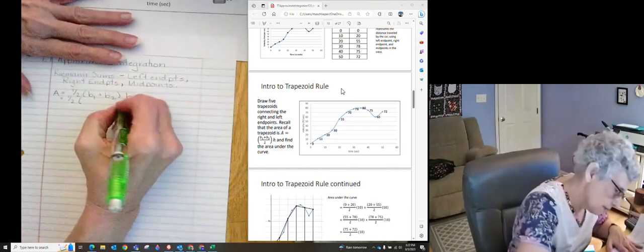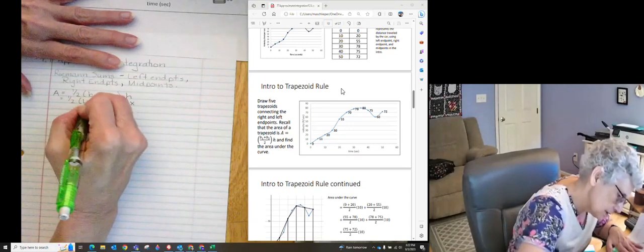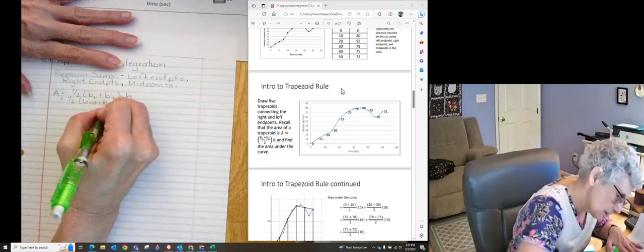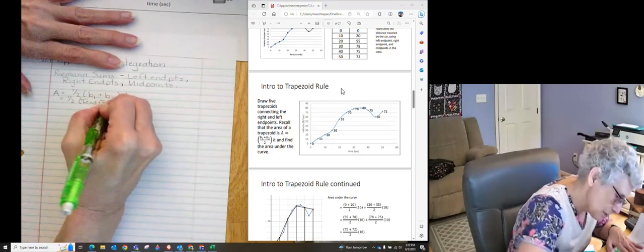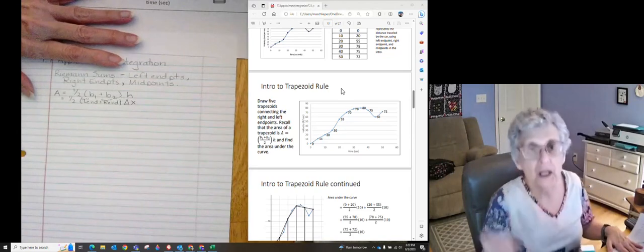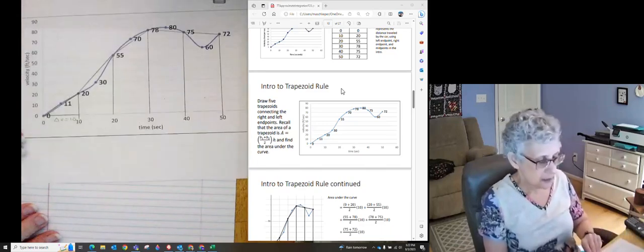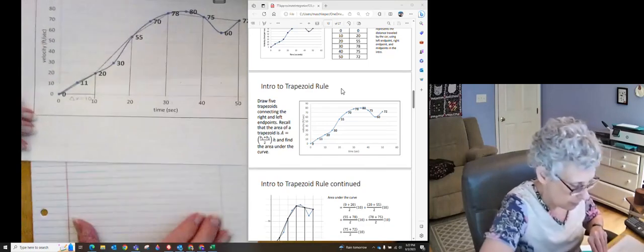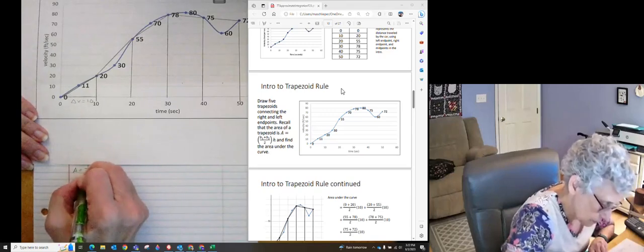So let's just write that as "left end" plus "right end." I'll put quotes around them so it doesn't look like Lind and Rend. Now, let's think about what happens when we look at these. So I'm going to write them down. The area under this curve would be equal to 1/2.